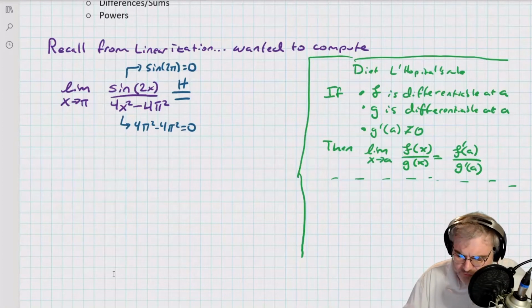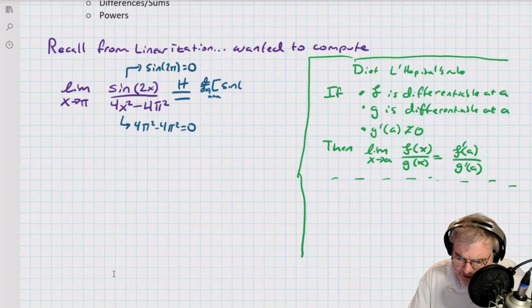Okay? So what I did was I did d over dx at x equals a of sine of 2x. And then I did the same thing on the bottom, d over dx at x equals a of 4x squared minus 4 pi squared.